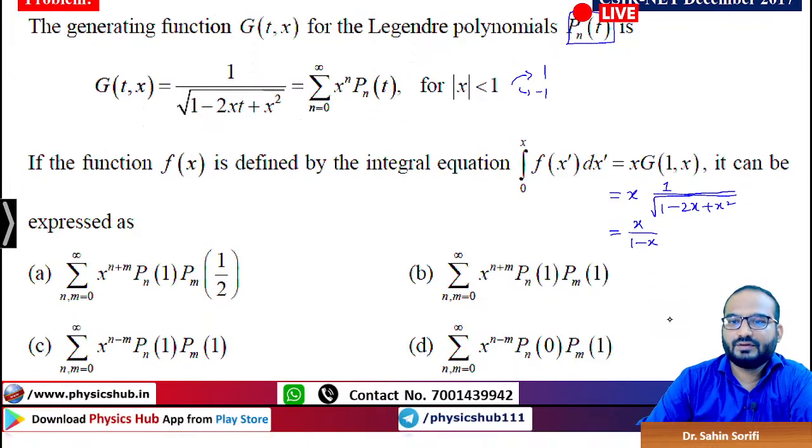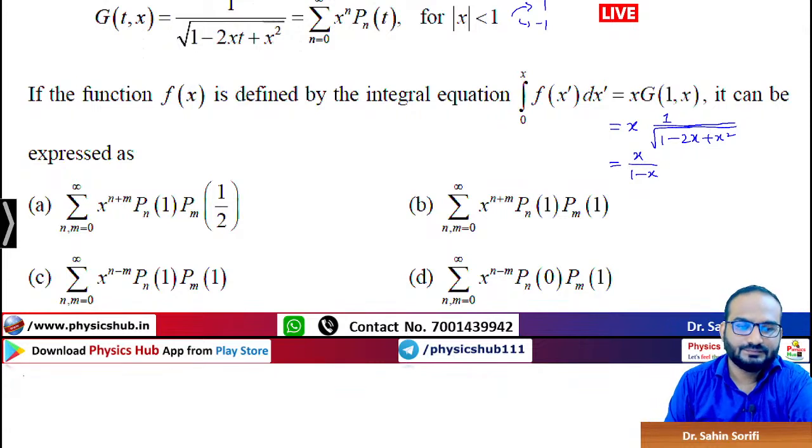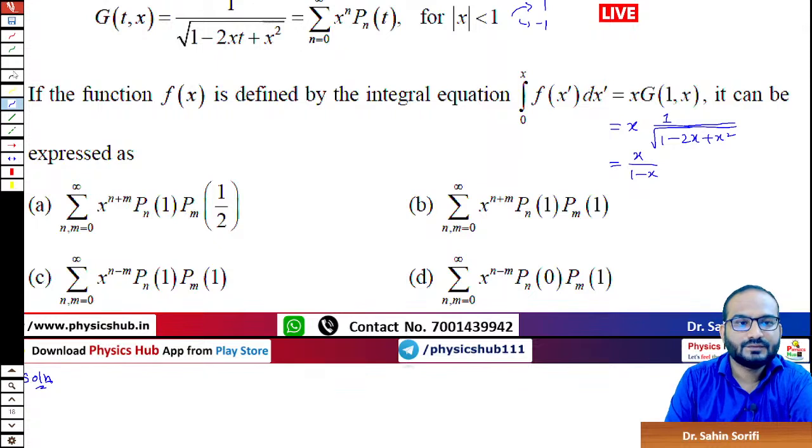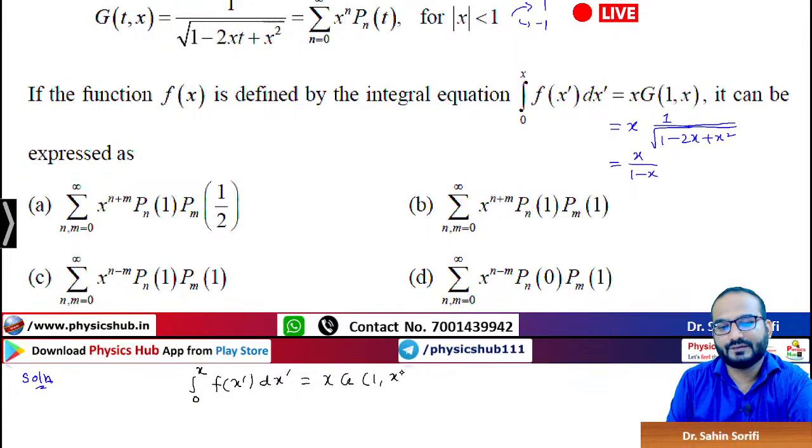Look, as you have written here, zero to x f of x prime dx prime equals x times g(1, x).